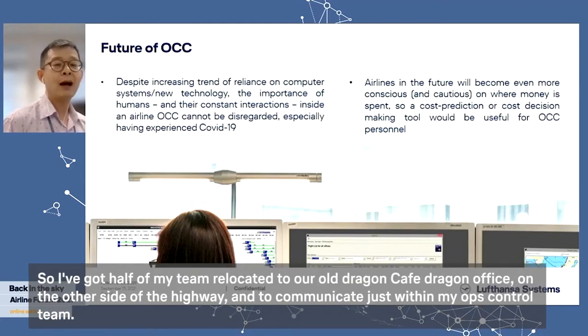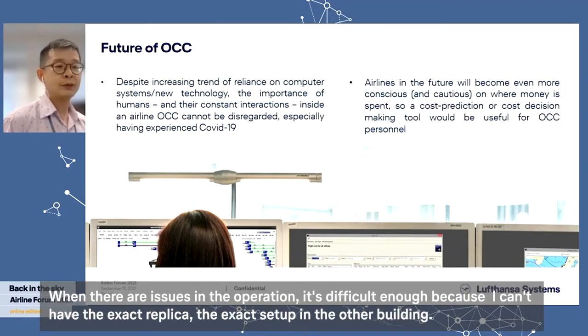So I've got half of my team relocated to our old Cathay Dragon office on the other side of the highway, and to communicate just within my ops control team when there are issues in the operation, it's difficult enough because I can't have the exact replica, the exact setup in the other building.